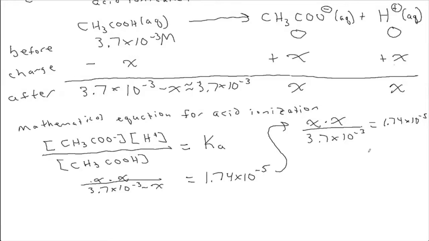Yes. So now what? Now solve for X. How would you do that? What should I write down next? Multiply 3.7 times 10 to the negative third on both sides. Good. So what's the new equation?